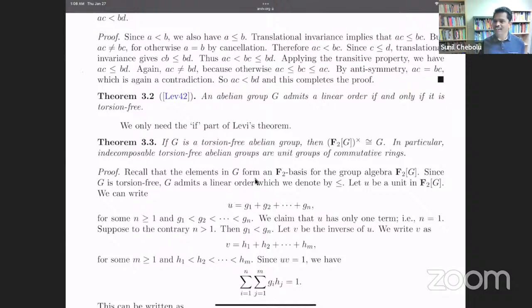The additive group of rational numbers is a torsion-free abelian group, so I asked, is there any ring out there whose unit group is the additive group of rational numbers? I was searching, and then it occurred to me that the simplest thing is to just take the group algebra over the field of 2 elements, and that is what you need.